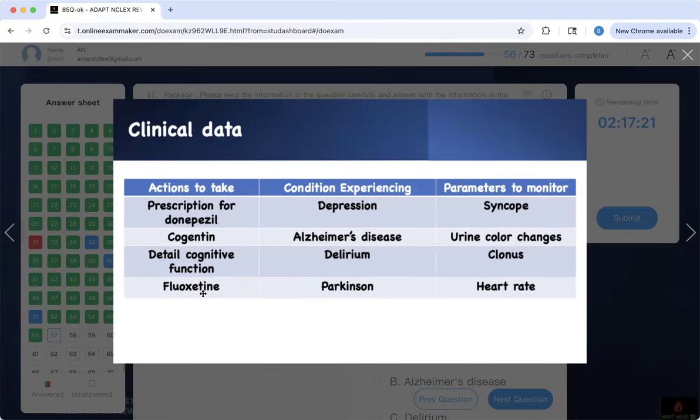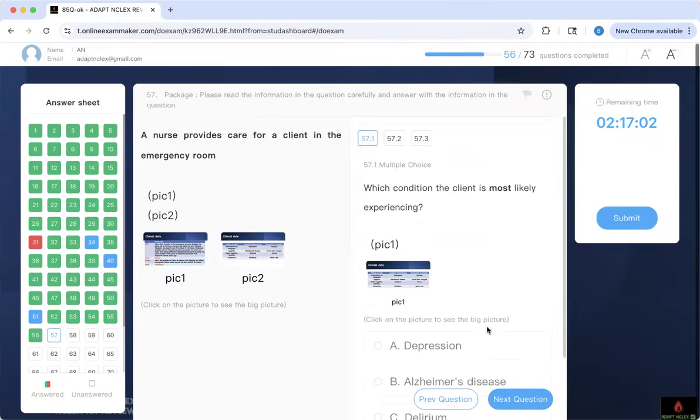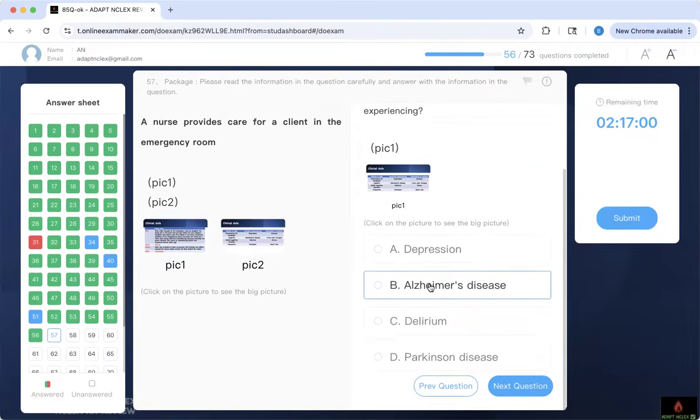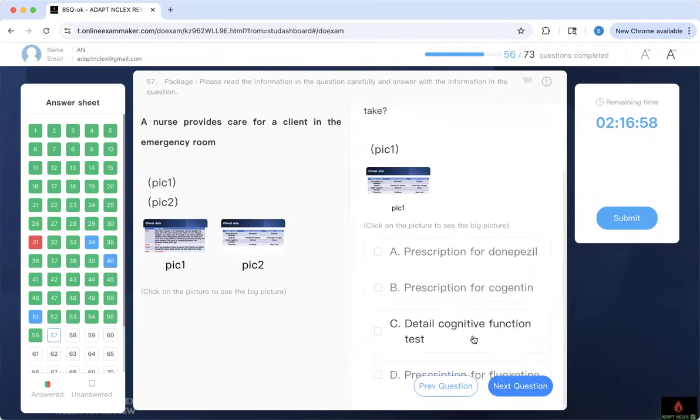And fluoxetine is an SSRI. They don't have depression. Cogentin is good for Parkinson's. And therefore, we're going to give them what? Prescription for donepezil, detailed cognitive function, and let's see what we did. So Alzheimer's here.